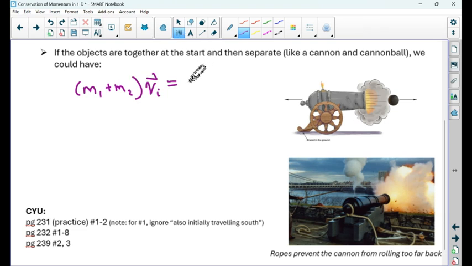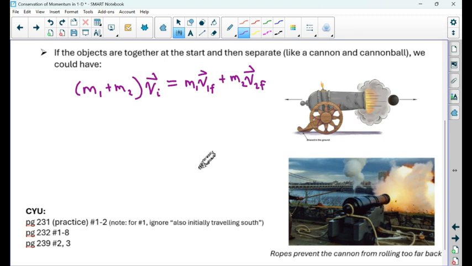And then after the explosion, we say we've got our cannonball, and we've got our cannon, and they're moving off in separate directions. So we have to have them separate. Now, if you're dealing with a cannon and a cannonball, instead of using M1 and M2, I might label them MB for ball and MC for cannon.